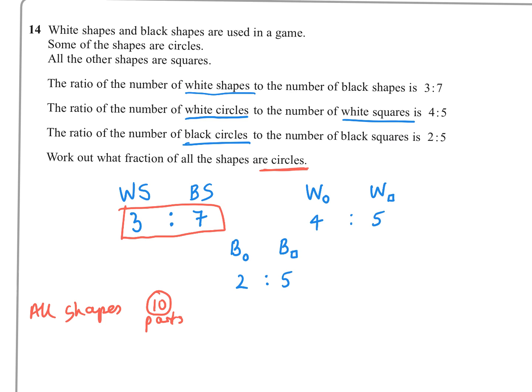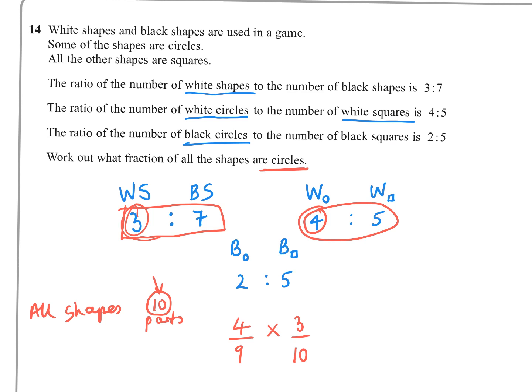Let's start with the white ones. 4 out of a total of 9 parts here, so 4/9 of those are white circles, but how many of the shapes are white in total? Well, 3 out of a total of these 10, 3/10. So 4/9 of 3/10 is what fraction are white circles so far.